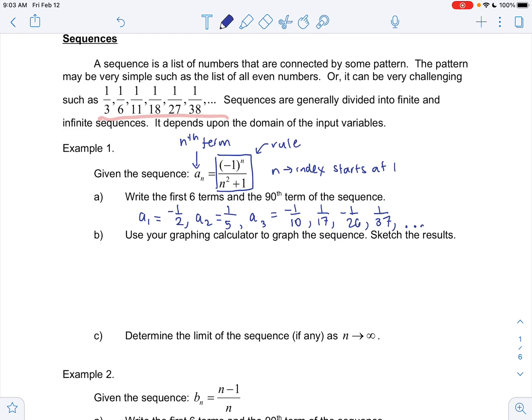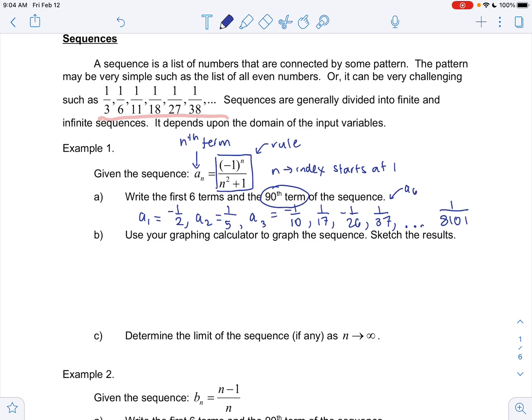So we see here we have 6 terms, and the 6th term is 1/37. We would also describe that, just so you know, as a sub 6. The ellipses that follow indicate that we're going to go on to infinity. This is an infinite sequence, and my 90th term, which is also asked in the question, would be represented by 1/8101.